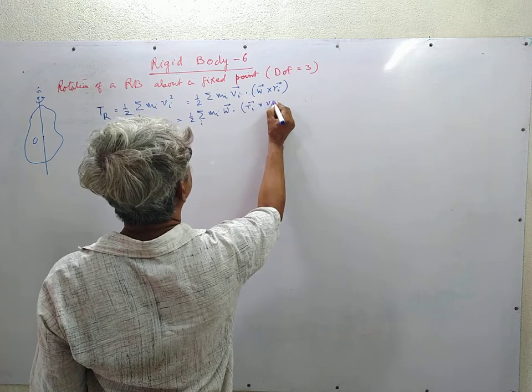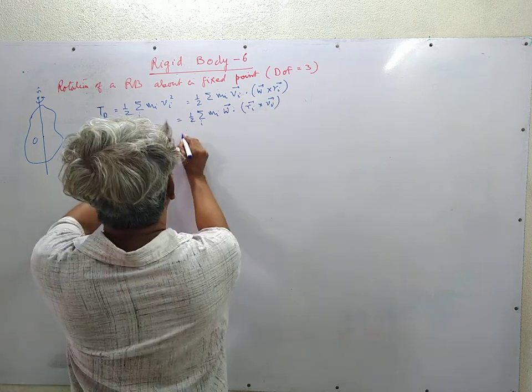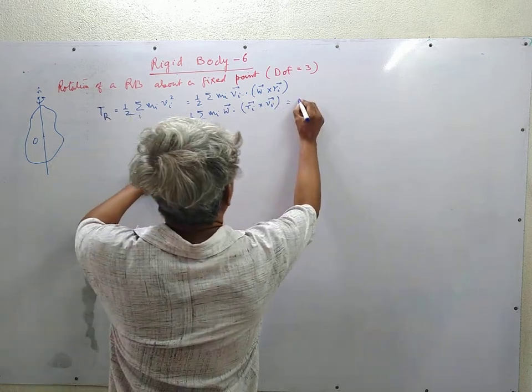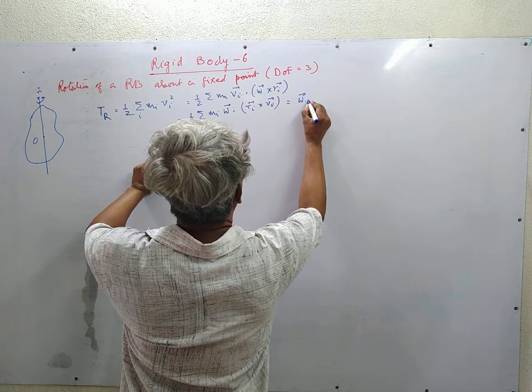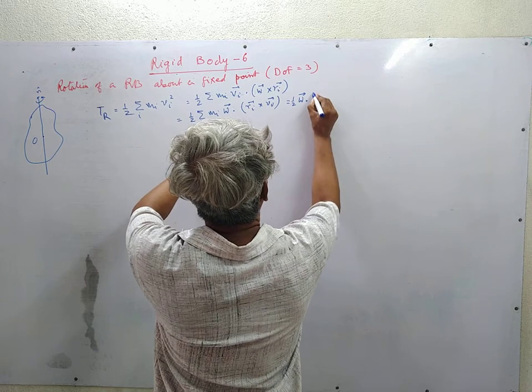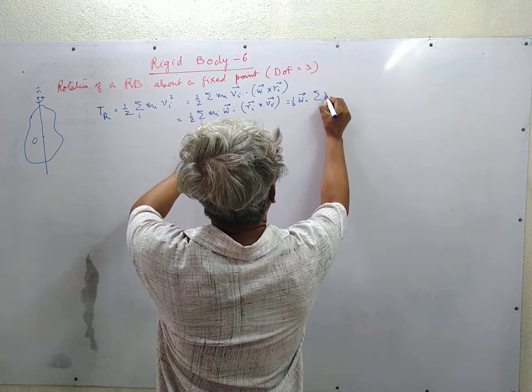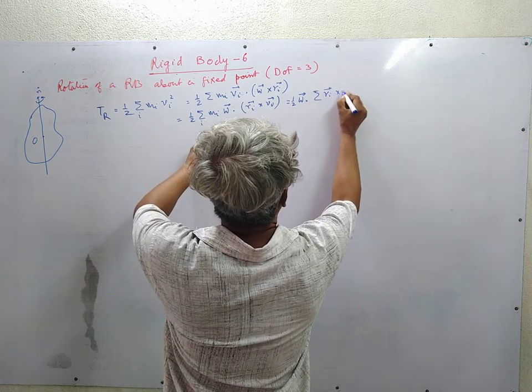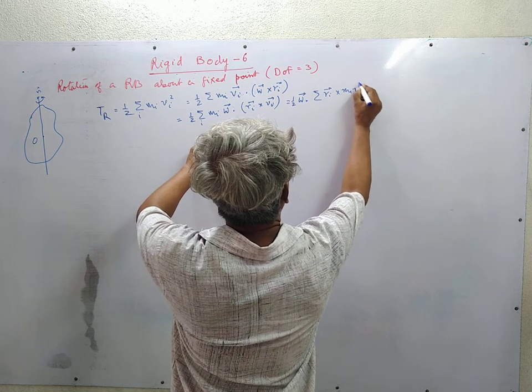ri times vi. This can be written as omega dot, and the rest part is half ri cross mi vi.